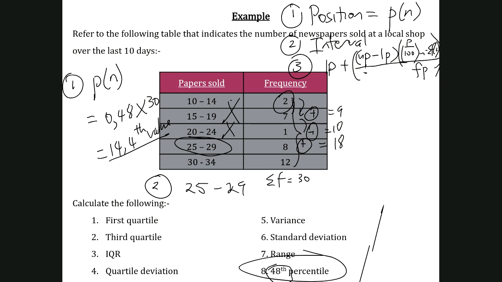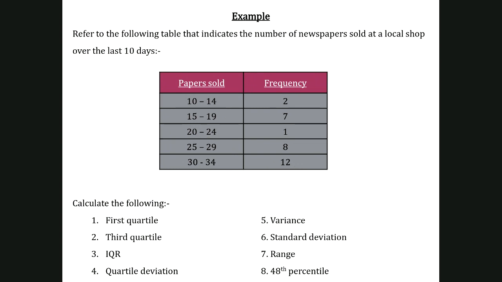Now, in terms of the formula, we know the interval is 25 to 29. I'm going to clear the screen so that we have some place to work. So 25 to 29 is your interval, and your position in the first step was the 14.4th value. I'll write out the formula again.